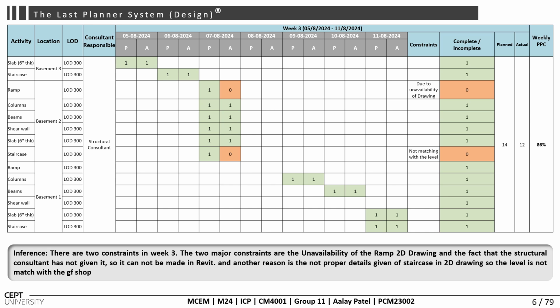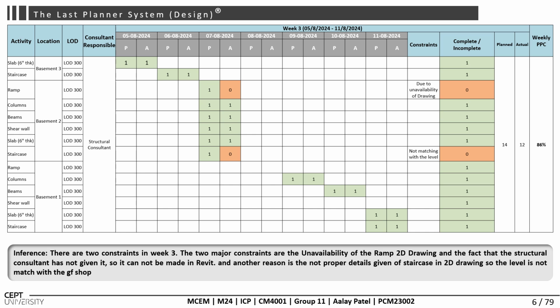These constraints highlighted critical gaps in coordination and documentation that affected the efficiency of the modeling process. By identifying and addressing these issues early, steps were taken to improve collaboration and ensure more accurate and detailed inputs in subsequent weeks.